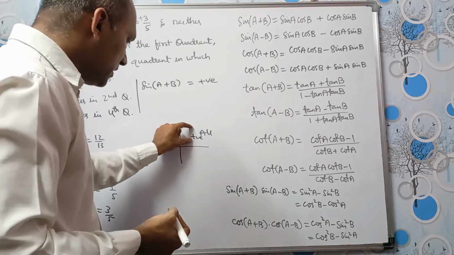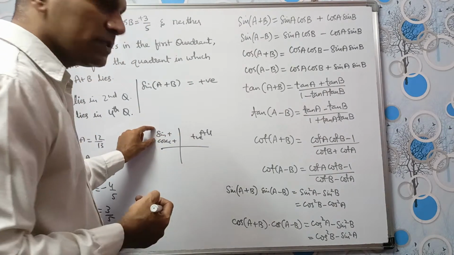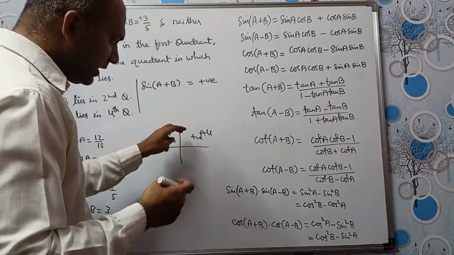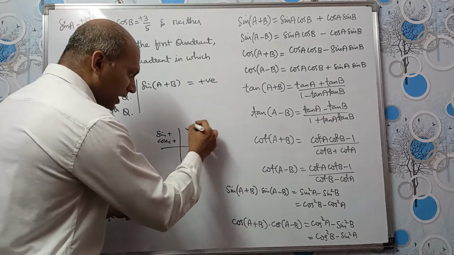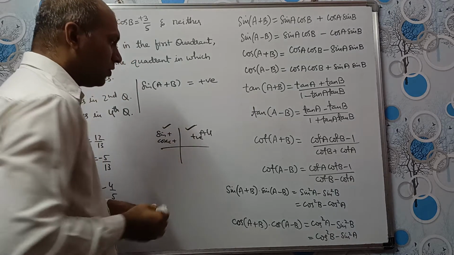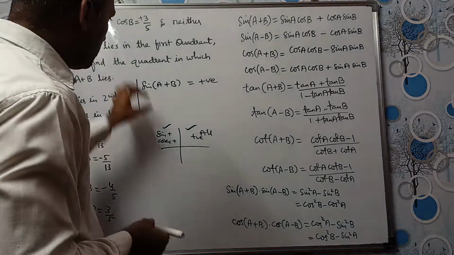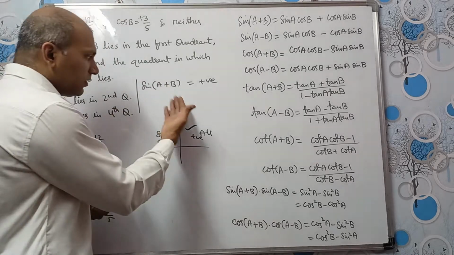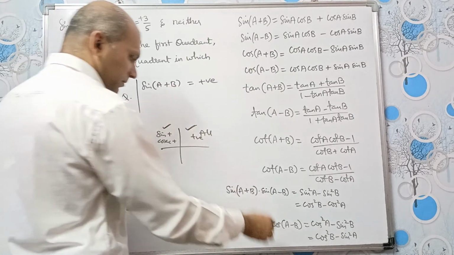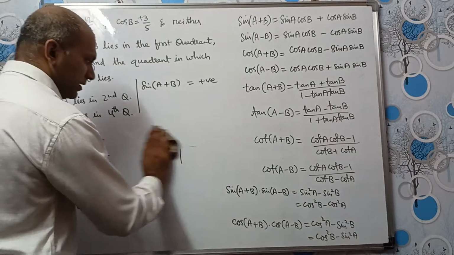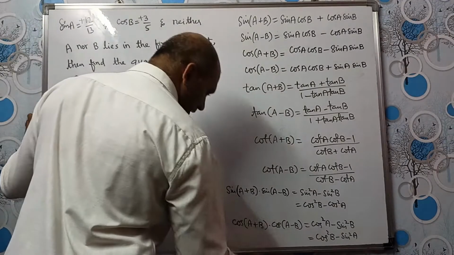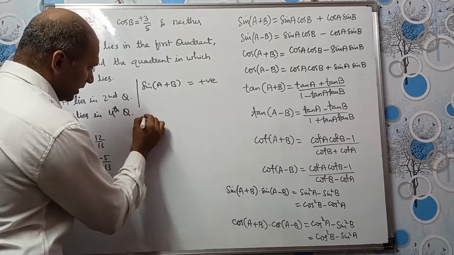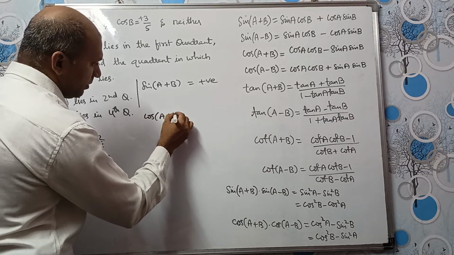Because here sine is positive, here also sine is positive. Okay, we are not sure in which quadrant it will lie, but we are sure that it will lie in one of these two quadrants, because sine is positive here in the second and here in the first. If we find cos A plus B, and if it is a positive number, it will lie in the first quadrant. I'll explain. Let us find out first. Let us find cos A plus B.